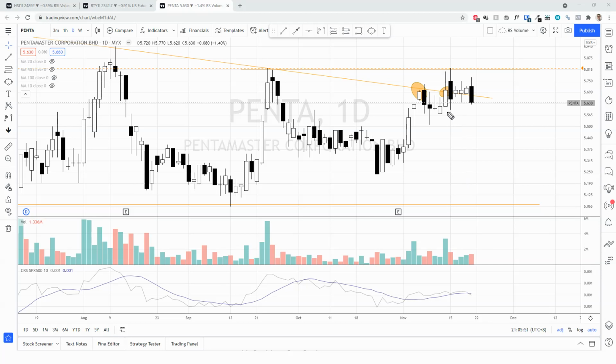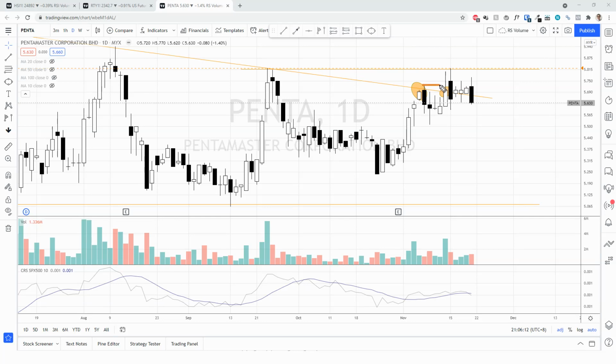But I see that supply increased on this bar. As you can see, rejection tail, next bar also rejection tail, but supply decreased. Still, we don't really have good quality demand to push the price up. Last Friday, also a slight increase of the supply and it closed at a low.